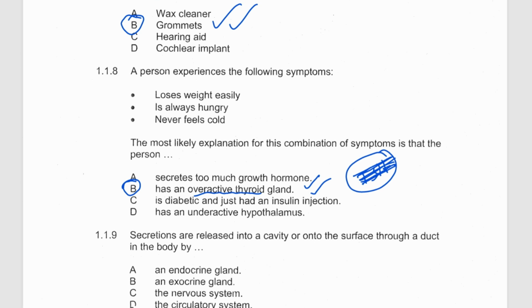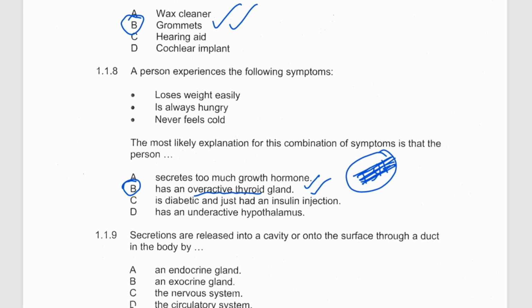If the metabolic rate is too high, it means that you are using the food you have had in the body at a high speed. So you are losing weight. You're always hungry because the food is being used up very fast, and you never feel cold because too much heat is produced as a result of metabolism.